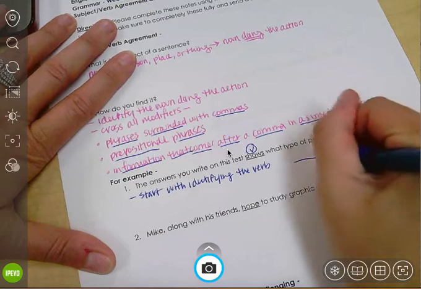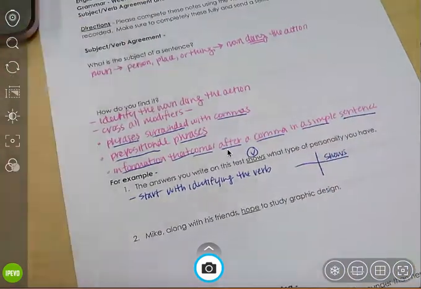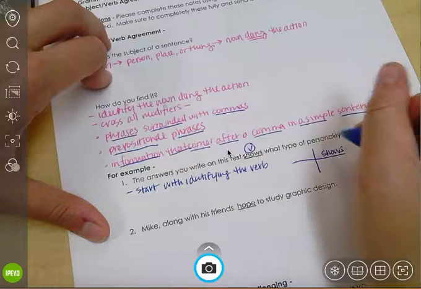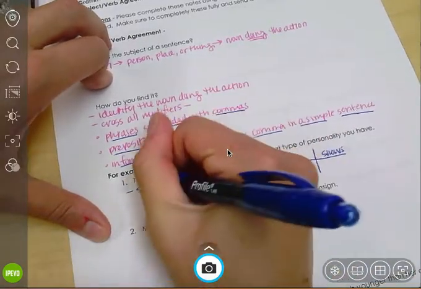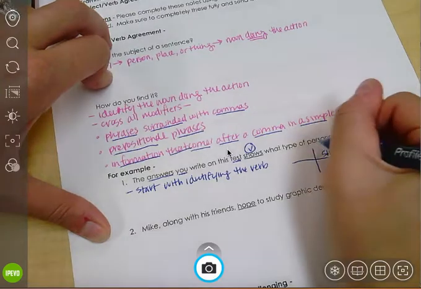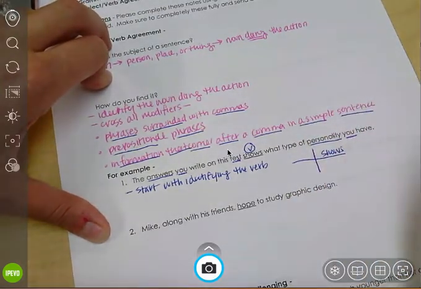So I'm going to draw my diagram, and I'm going to put shows right there. Awesome. Then I need to identify my nouns. So I have a noun here, a noun there, a noun here, a noun here, and a noun here.